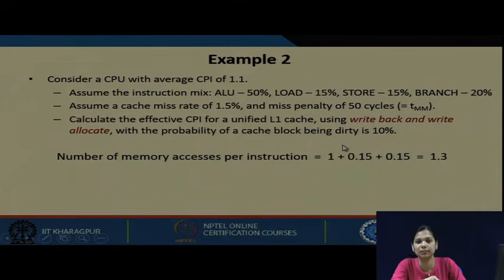If the cache block is dirty, we know what we need to do. In that particular case, we have to write back the data into the main memory, and then we have to again read or write whatever we need to do next. So, the number of memory accesses per instruction will be 1 plus 0.15 plus 0.15, that is 1.3.